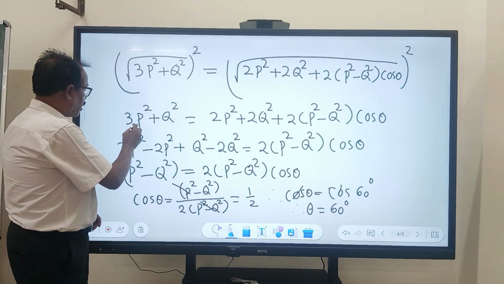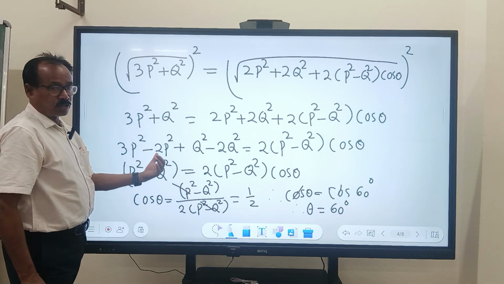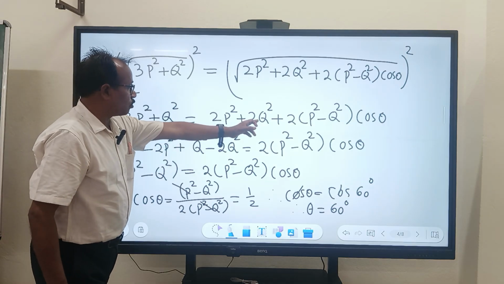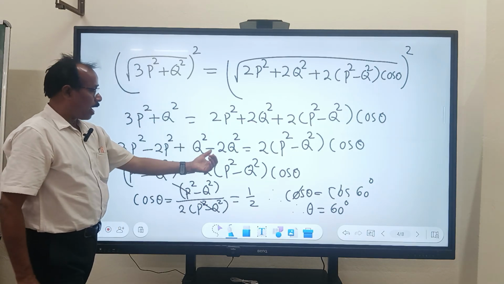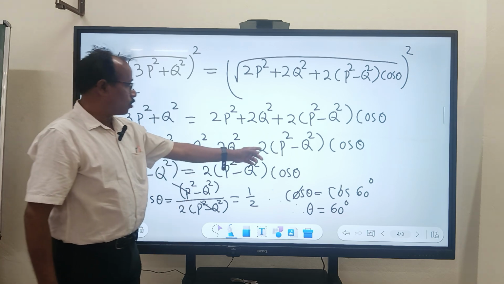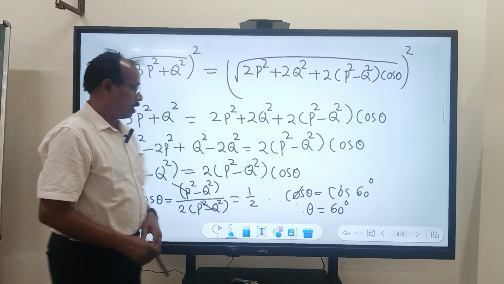Then here 3P square minus 2P square, and Q square minus 2Q square, is equal to 2 whole into P square minus Q square cos theta.